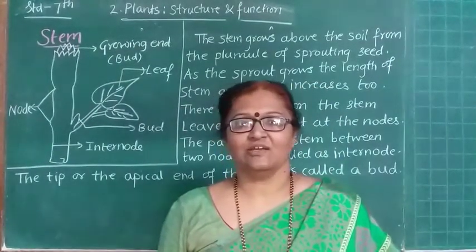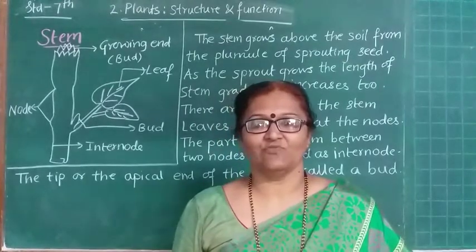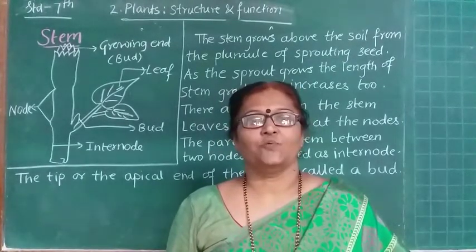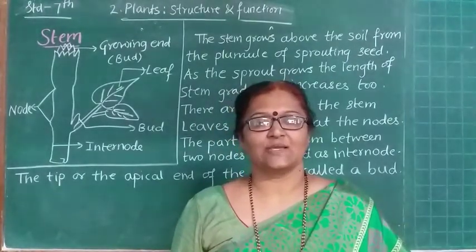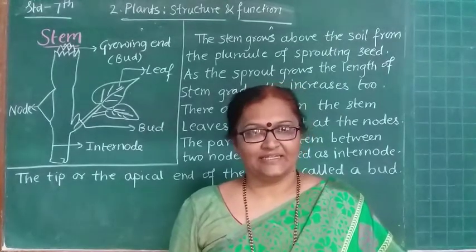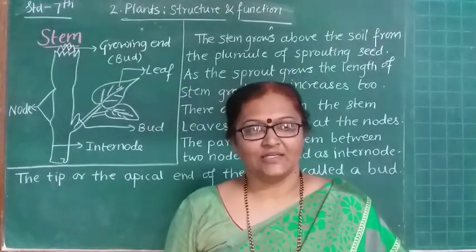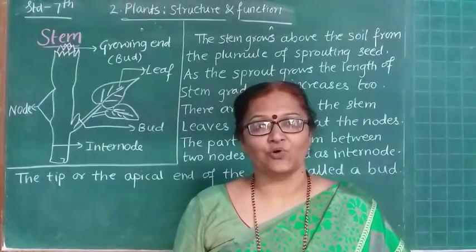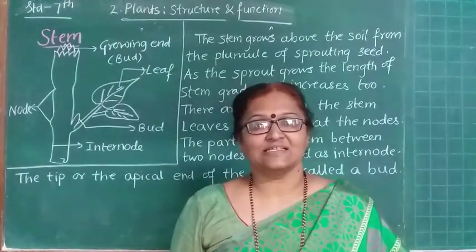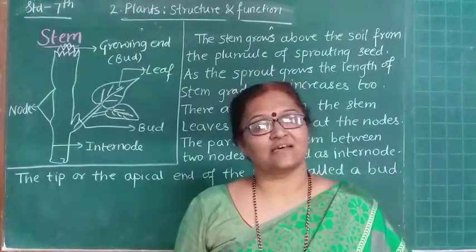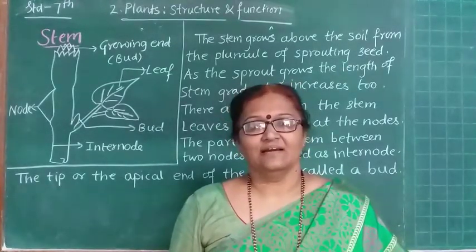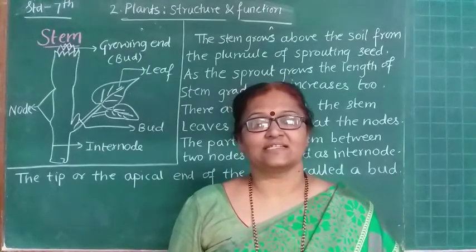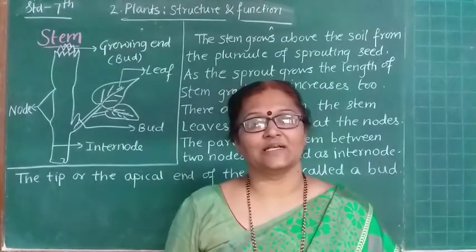In today's lecture, we have seen what prop roots are. The prop roots grow on the banyan tree or tamarind tree or mango tree, and these props are useful for support. When the tree is in an earlier stage, the props are few, but in the later stage the props become more and it becomes like a forest.